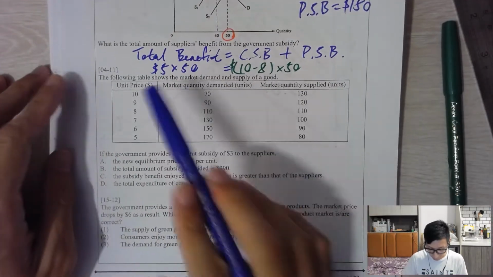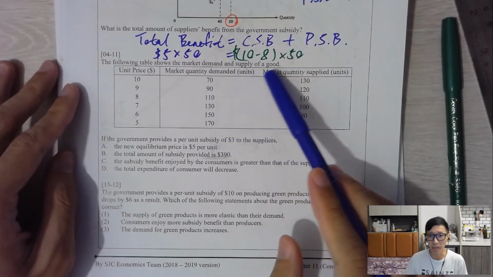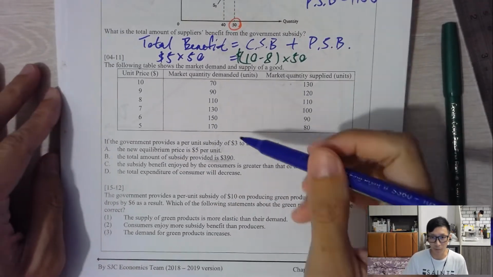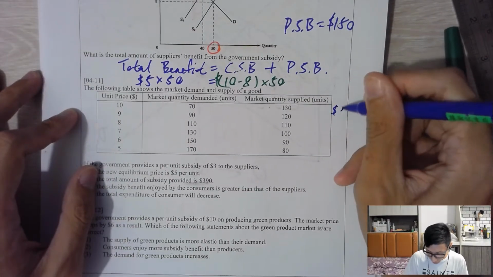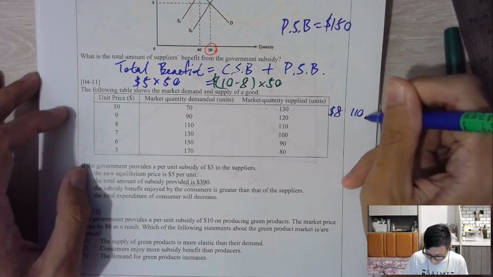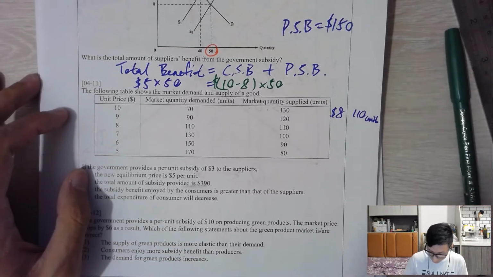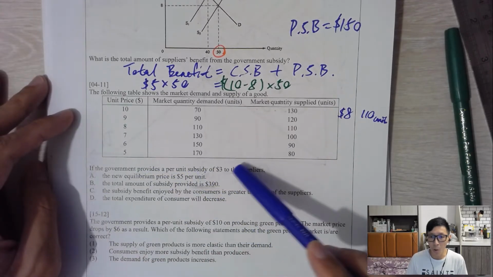Now next question here. The following table shows the market supply and market demand. Let's write it down first. Originally would be $8, 110 units. Now the government provides a per unit subsidy.